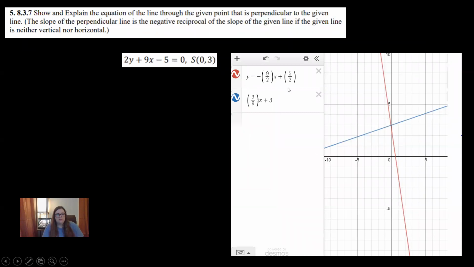So right here, if you change this, it turns into y equals this equation right here, the red one. And if you look, these are simply another set of perpendicular lines.